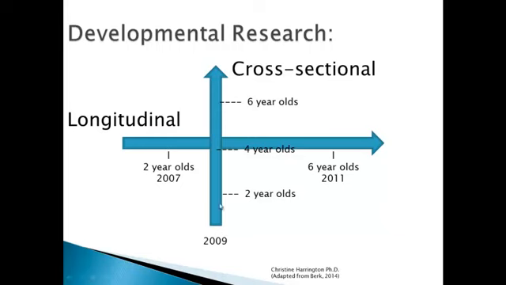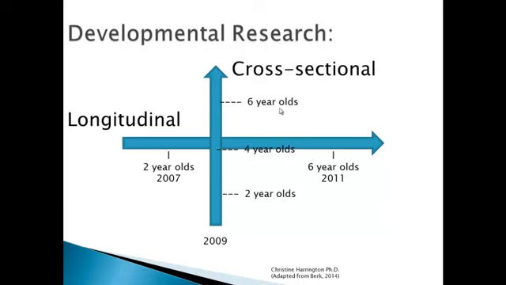The cross-sectional approach is when you take one point in time and you're looking at those 2, 4, and 6-year-olds, but instead of waiting for them to get to be 6, we're just taking different groups of 2, 4, and 6-year-olds. And what this allows us to do is really get our data immediately. Of course, one of the downsides of this approach is that we are looking at different children.